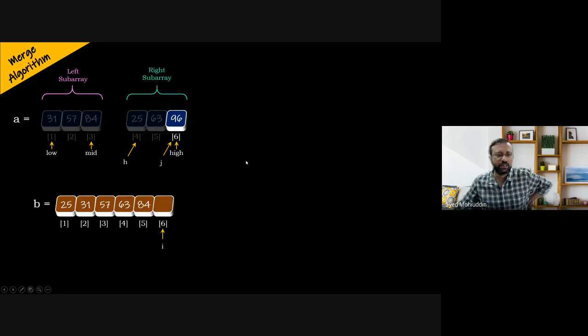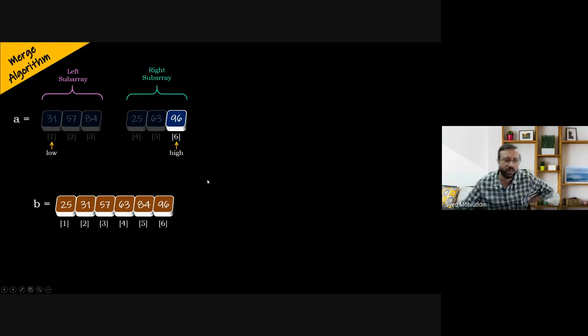So at i, we store all the elements from j till the end. Now it's only one element, so we just store that element itself. If there are other elements, then i is moved, j is also moved, and all the other elements will be stored in array B.